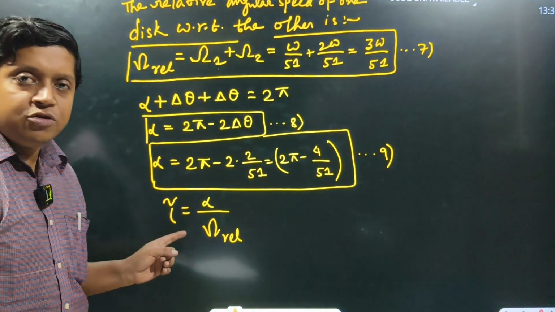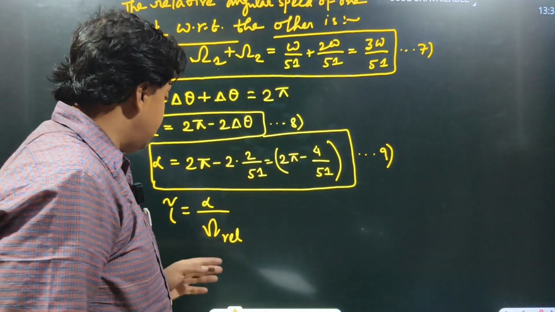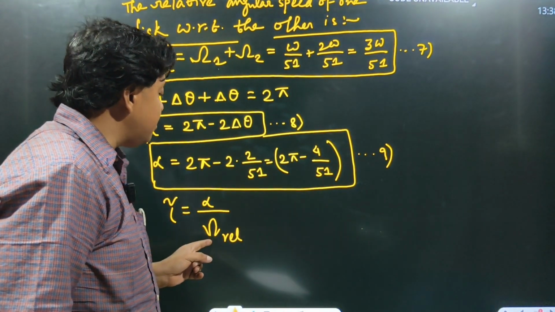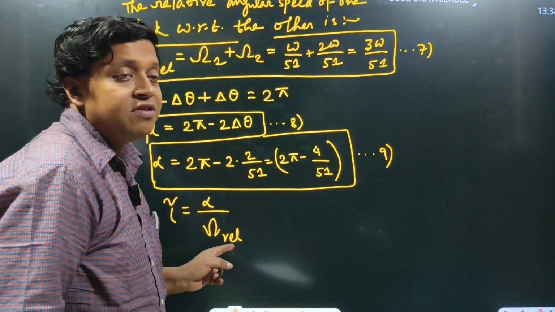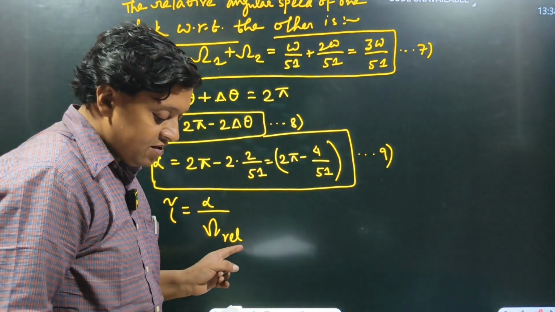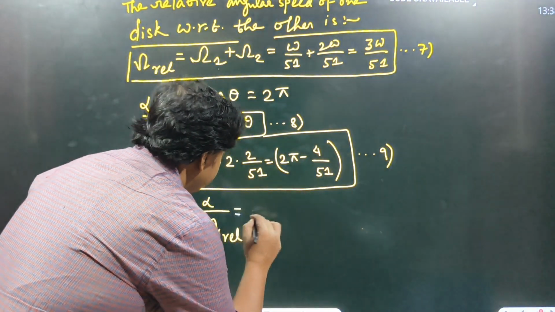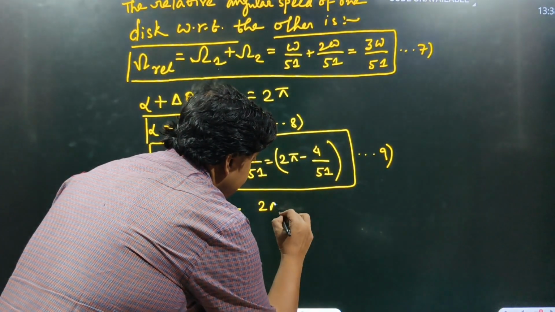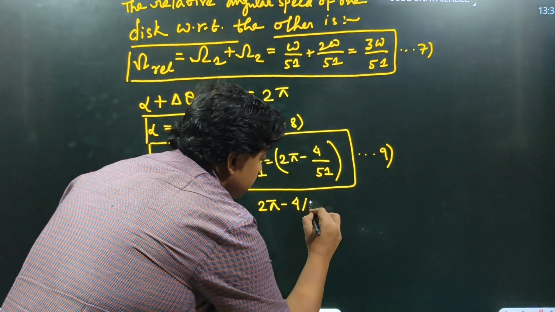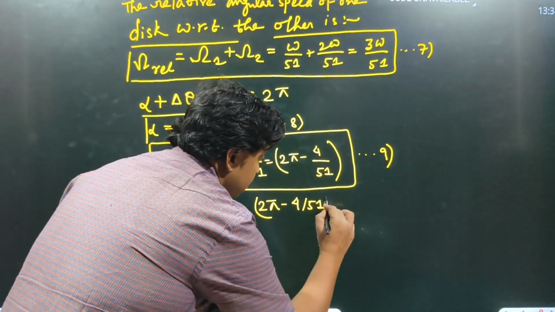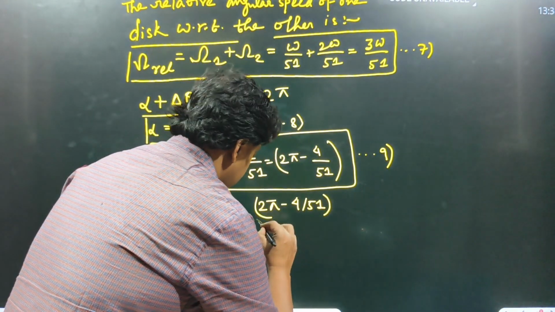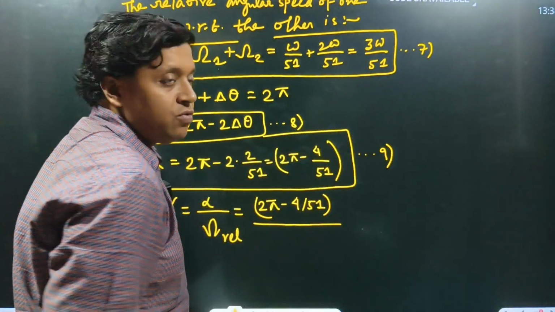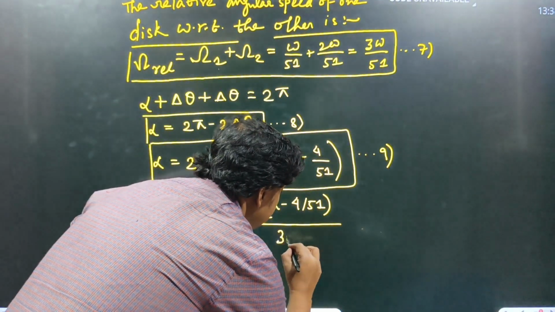The time taken by the two smaller disks to meet again should be given by alpha divided by the magnitude of the relative angular velocity or relative angular speed of the two disks. So we just put the value of alpha from here. And this was found out to be equal to 3 omega by 51.